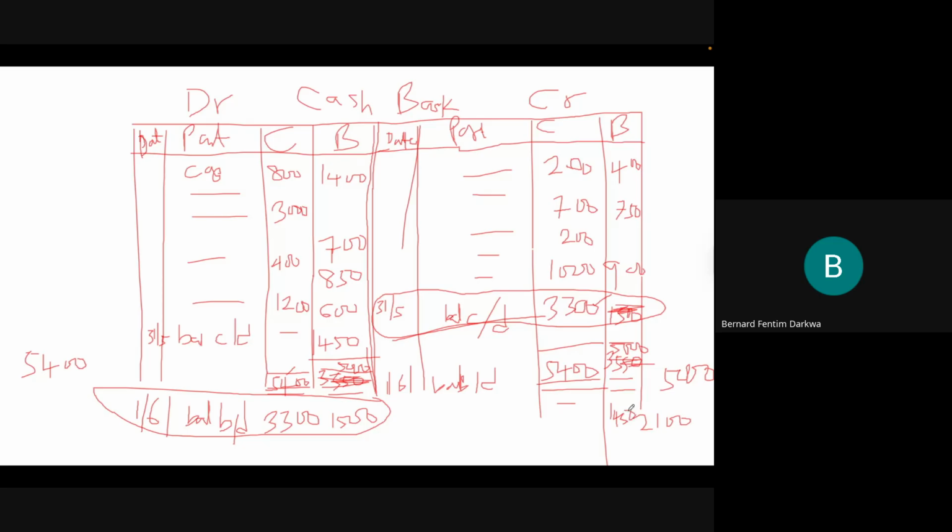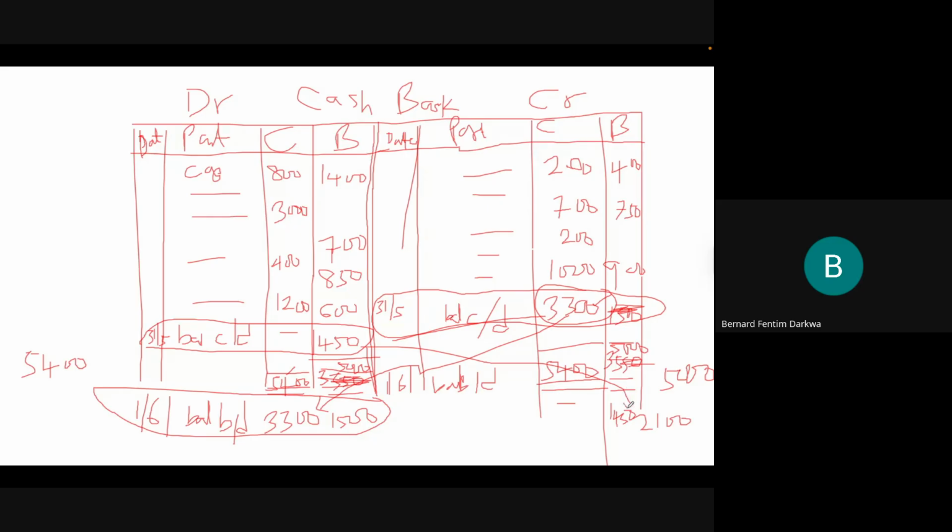So what is going to happen is that the balance BD for cash alone will come to the corresponding side, and that is positive. But here, the balance CD is at the credit side because the credit side is bigger than the debit side. So the difference for bank came here. So the balance CD for the bank is here, and therefore the corresponding BD will go to the opposite side.